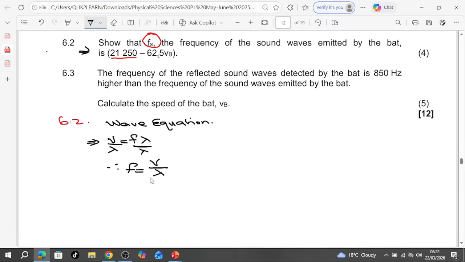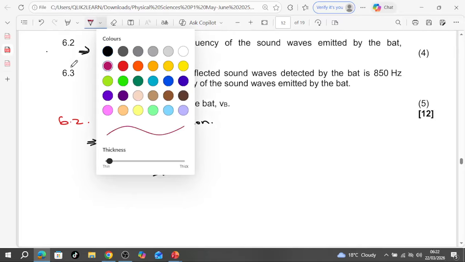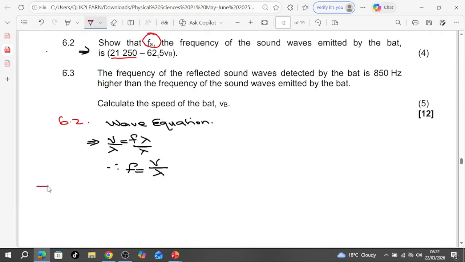For the reflected waves at the cliff, now we need to find the frequency. So I'm just going to put it down here and say, for the reflected waves at the cliff.